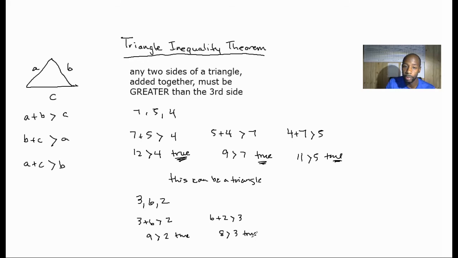True. Finally, is 2 plus 3 greater than 6? 2 plus 3 is 5. 5 greater than 6? No, that's false. So because this is false, even though these two are true, this cannot be a triangle.